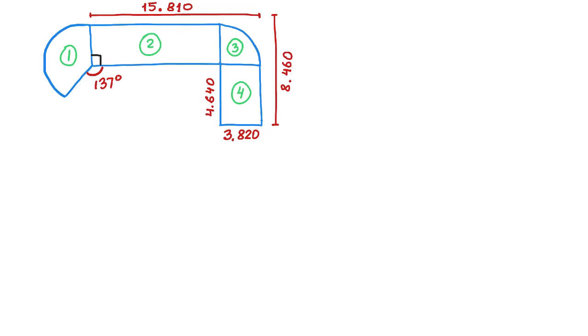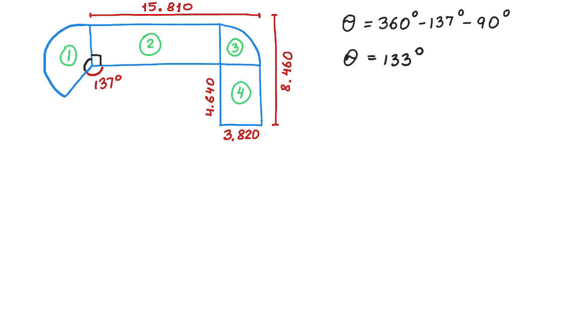We need to find angle theta that is part of the sector. To find that angle, we will start with 360 degrees, that makes one full rotation, and subtract 137 and 90 degrees. Then theta equals 133 degrees. Let's add this angle to the figure.